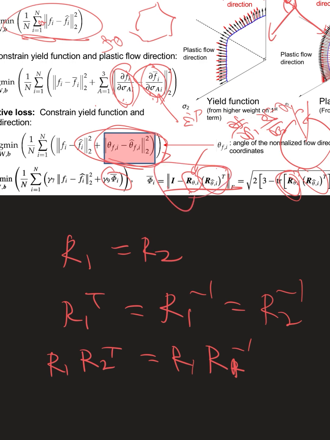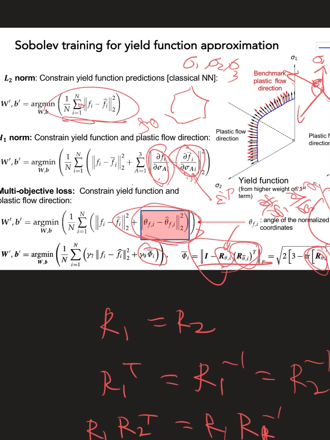There are other ways to do it, but in general, you shouldn't see that much difference. For example, for J2 plasticity, why is that? Because you just have a circle. If your shape is very simple, your normal vector changes gradually.